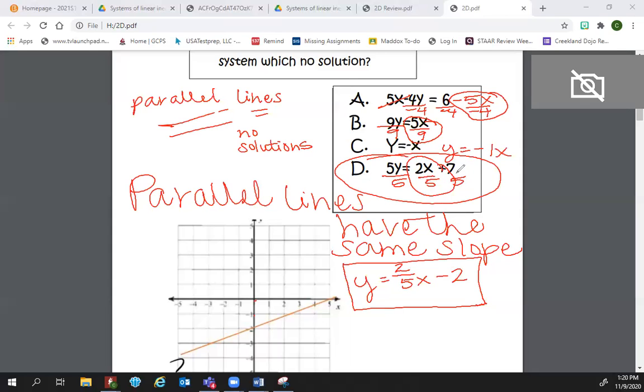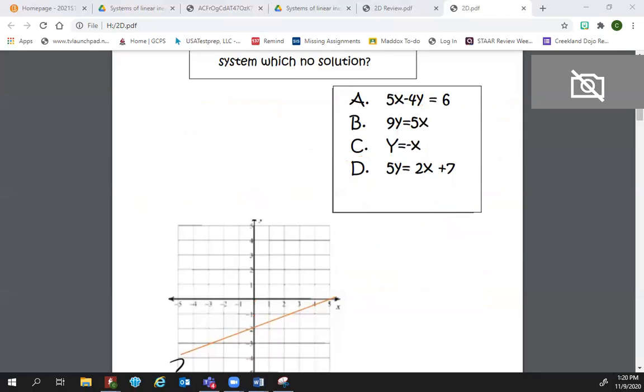No, if they had the same number, wouldn't they be overlapping and infinitely many solutions? Yeah, so it doesn't have to be the same. So we have all those notes written out? Okay, so we got that. So in order to be parallel, they have to have what? The same slope. And parallel means what kind of solution? No solution.